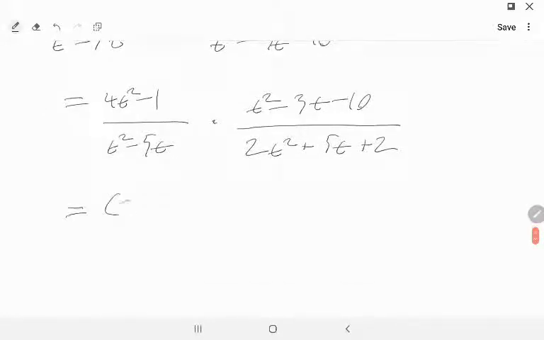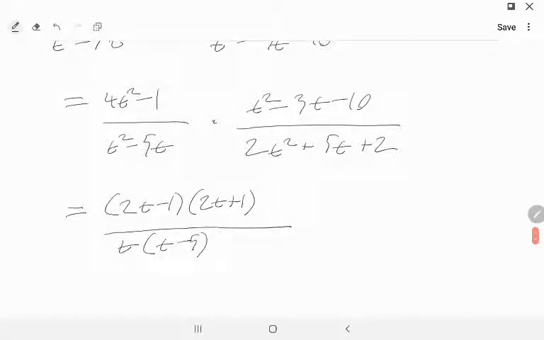We notice we're going to factor the 4t squared minus 1 as 2t minus 1 times 2t plus 1, all divided by t times t minus 5. Then there'll be times t minus 5, t plus 2.